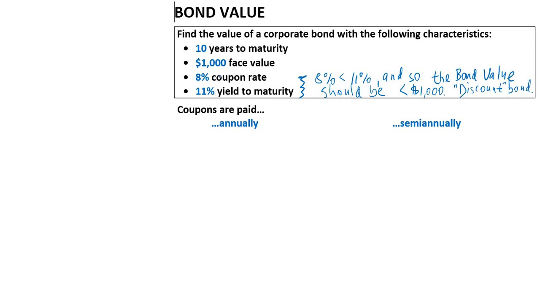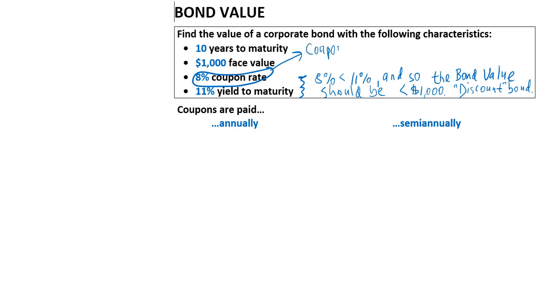Okay, then another thing that's important is the 8% coupon rate. So 11% yield to maturity is an 11% discount rate per year. What does the 8% coupon rate mean? It's only good for finding the dollar amount of the regular repeating payment on the bond, which we call the coupon payment.